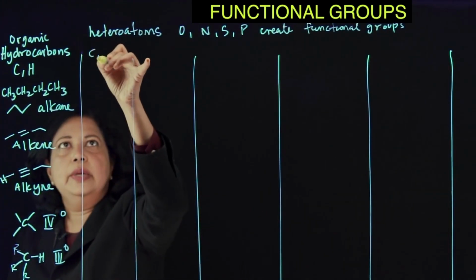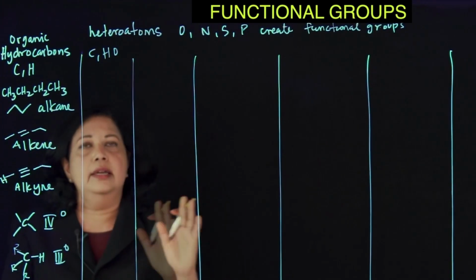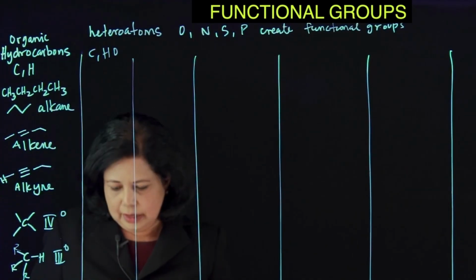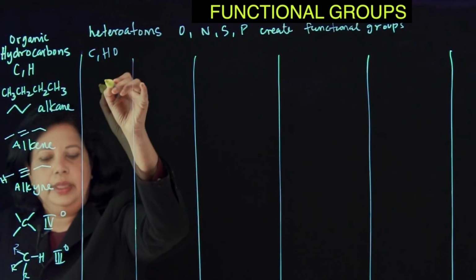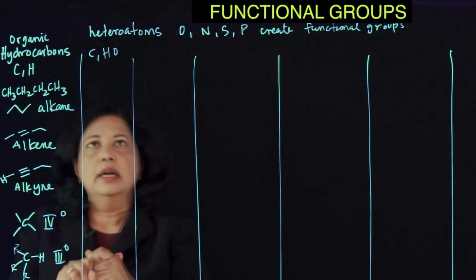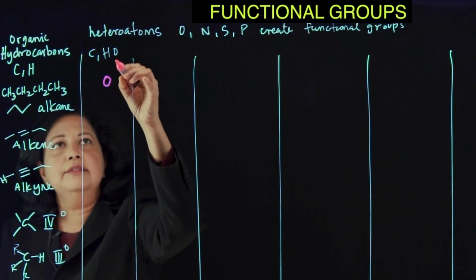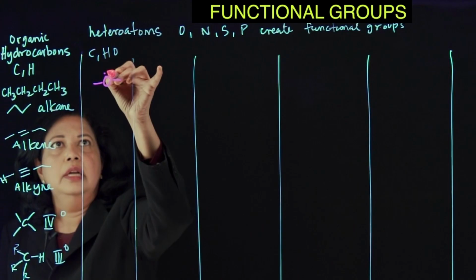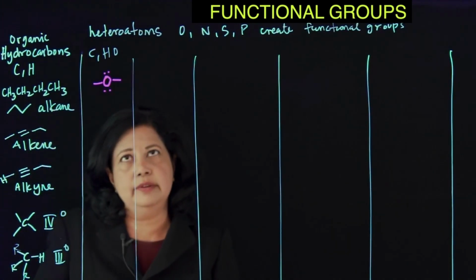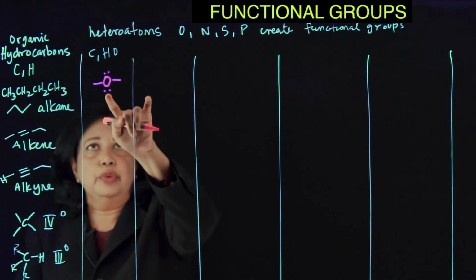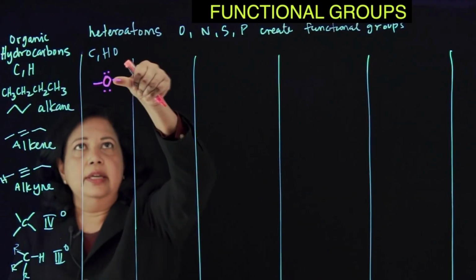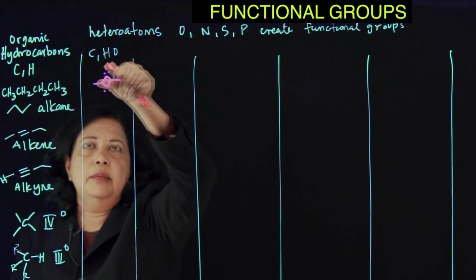How many ways can you include an oxygen in an organic compound? An oxygen is just something, as we've seen before, that can only have 2 bonds for it to be neutral and 2 lone pairs. If you have anything more than that, like 3 bonds, it'll be positive. If you have anything less than that, 3 lone pairs and a bond, it'll be negative.